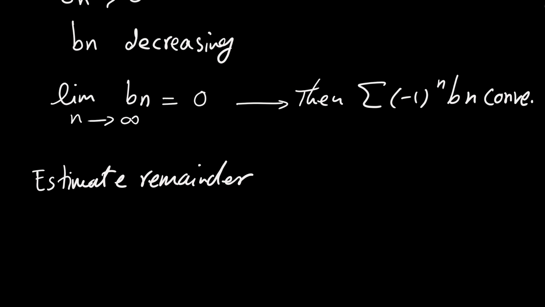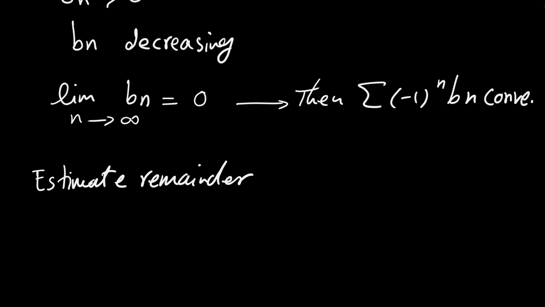So we have an alternating series. b_n is a sequence of positive numbers. It is decreasing, and the limit of b_n when n approaches infinity is 0.